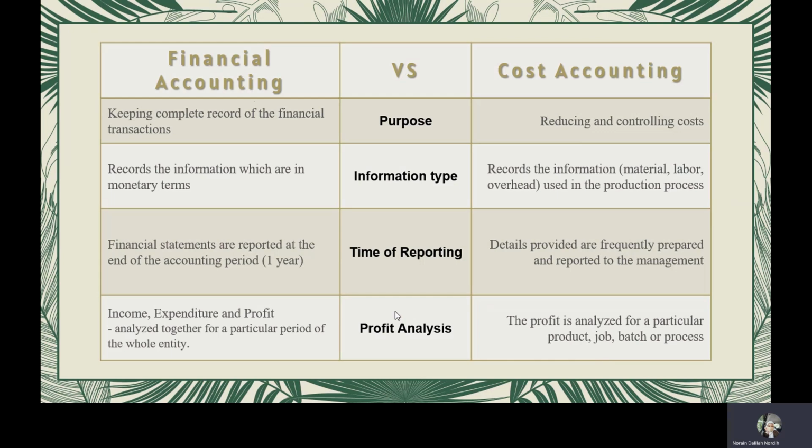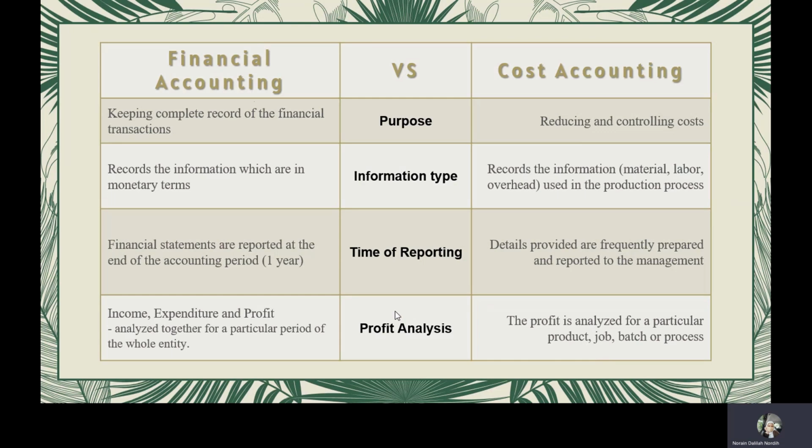The third one is when FA and CA report. For FA, the financial statements are reported at the end of the accounting period, which is around 1 year. While for CA, the details provided are frequently prepared and reported to the management.